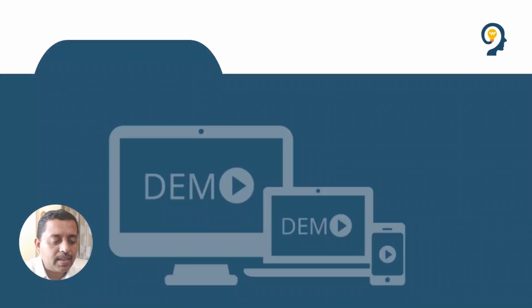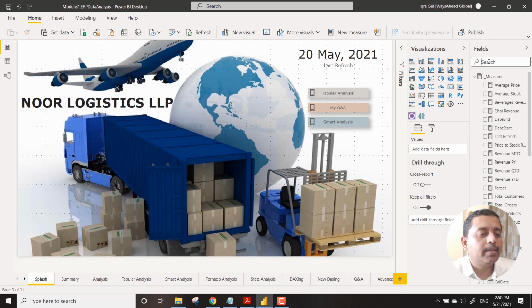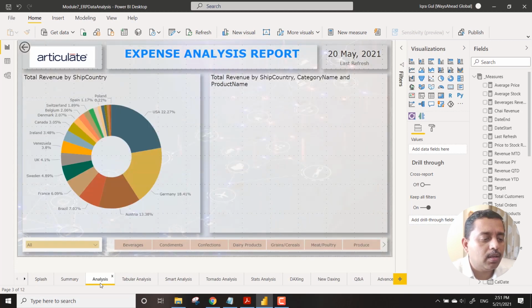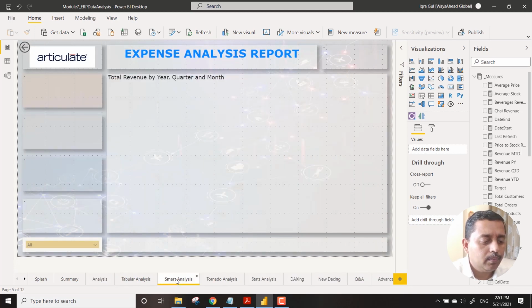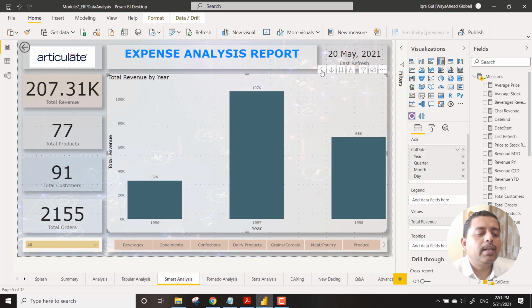Let's take an example of the existing data that we have already looked into, the date and all, the statistical analysis. If you go to this particular section, smart analysis, you will see that the data is organized. When we started off this analysis, it was something like this.